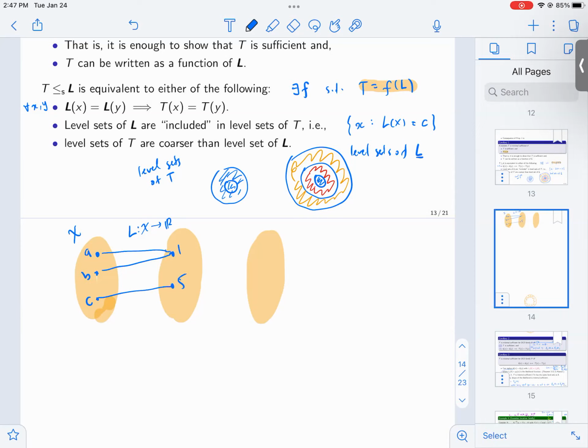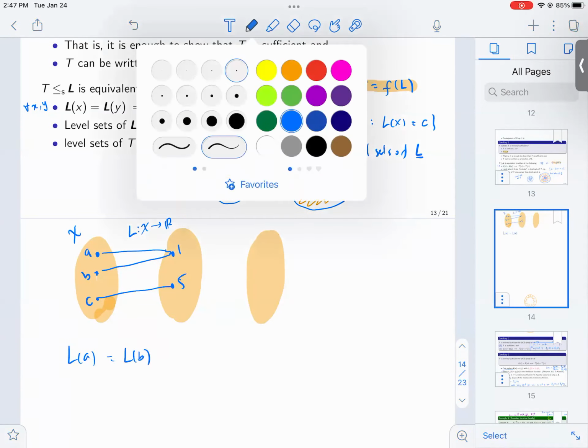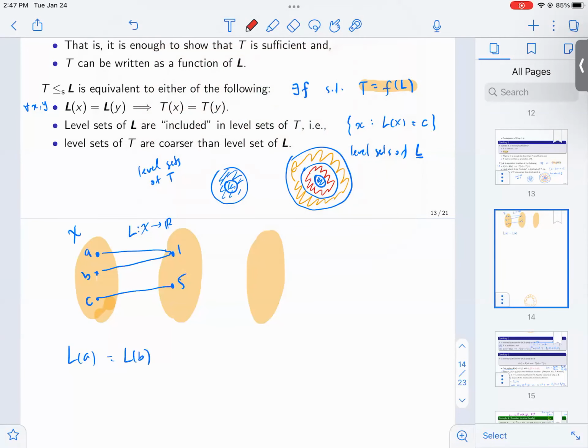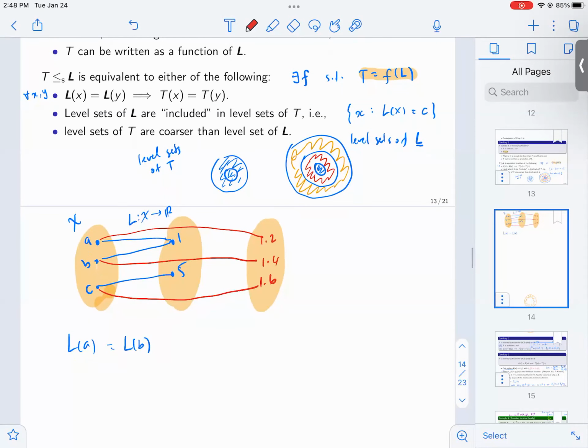That's my L of X. So here, for example, L of A is equal to L of B. Now I have another one, which is, let's say, 1.2, 1.4, 1.6. So now my T, for example, goes like this: this goes to that, this one goes to this, and this goes to that. So that's T of X.